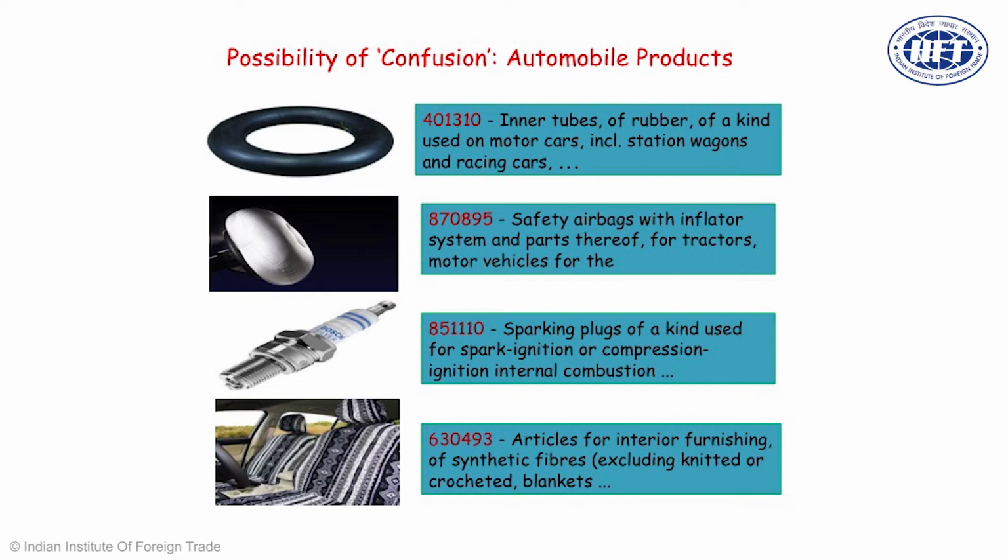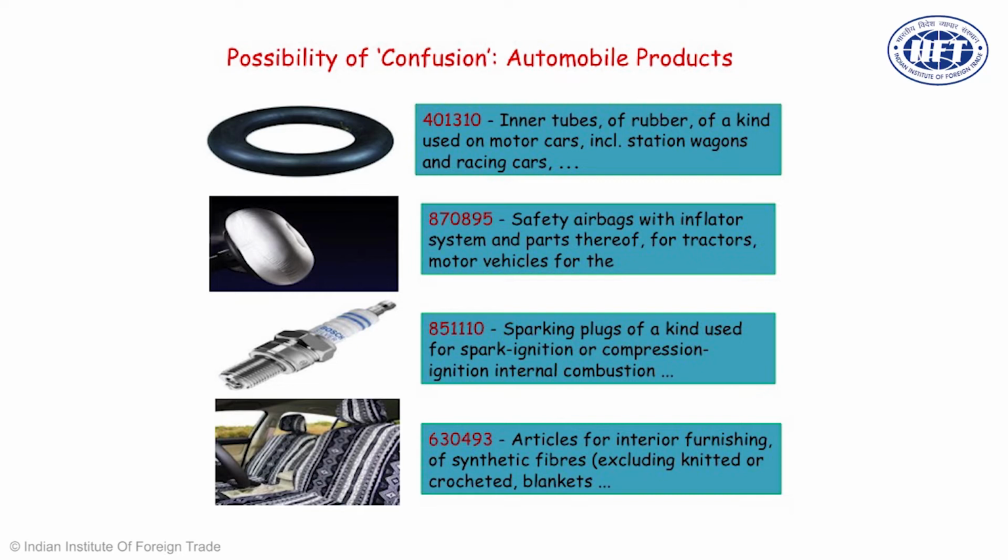Conversely, if you look into the safety airbags, they appear under HS87 because they are focused automobile products. Spark ignition, on the other hand, they are going to be used in engines, so they might be used in certain other products as well, apart from automobiles. So they will come under HS85, that is for engines only.